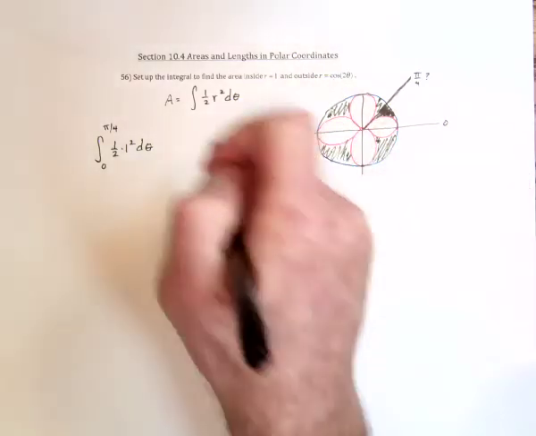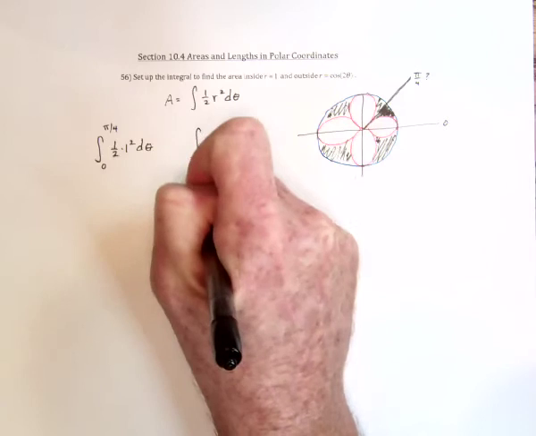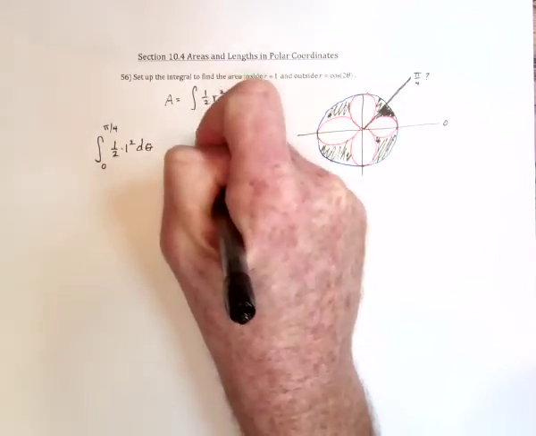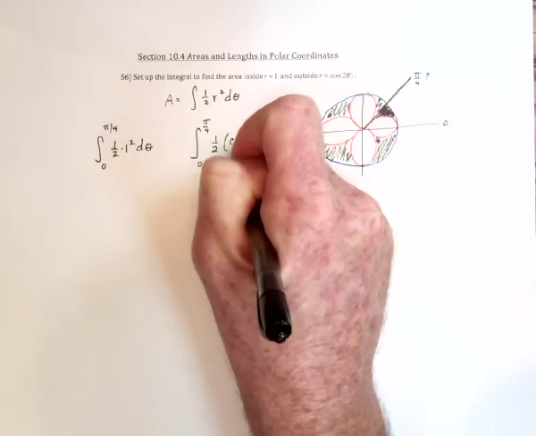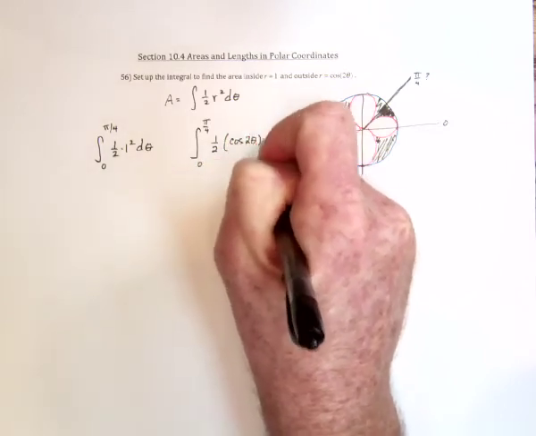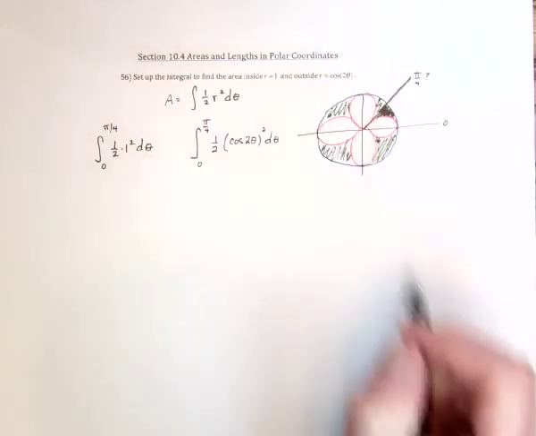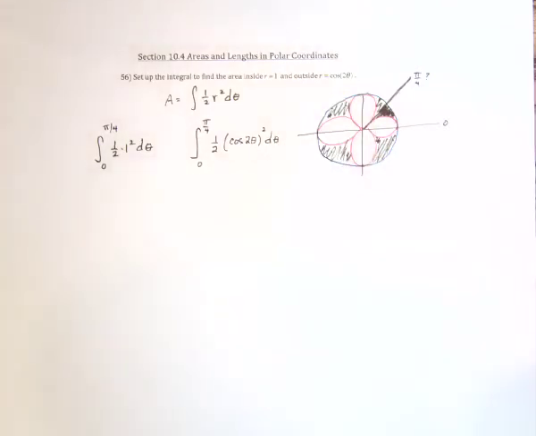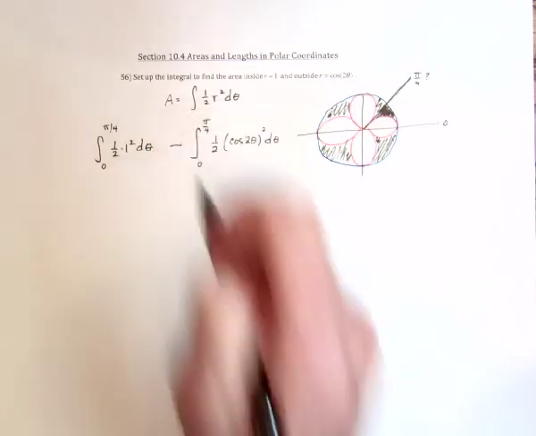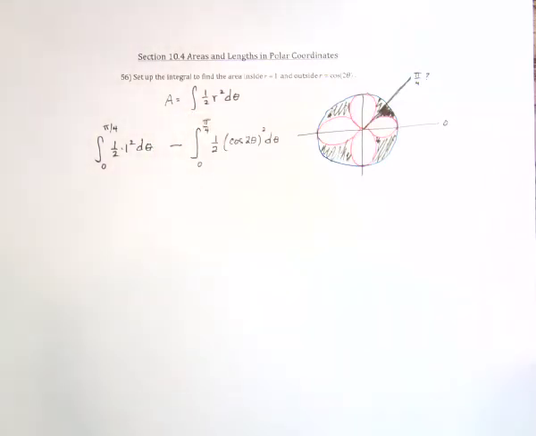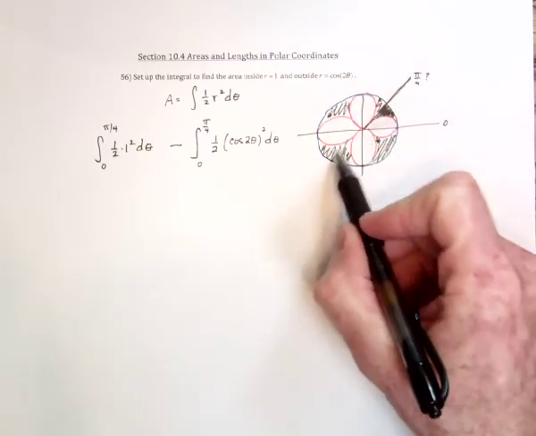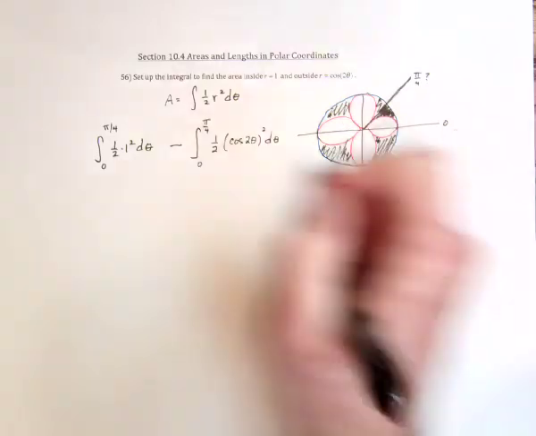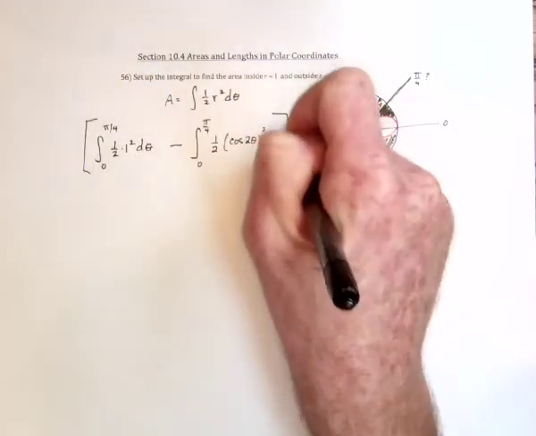So integrate from 0 to pi over 4, 1/2 r squared, so cosine of 2 theta squared. And then subtract the big area, subtract the little area. And then remember, that's going to be 1, 2, 3, 4, 5, 6, 7, 8. So we need to multiply all of that by 8.